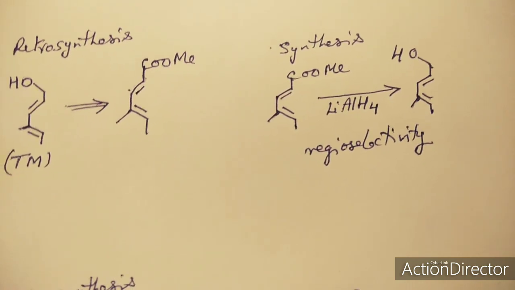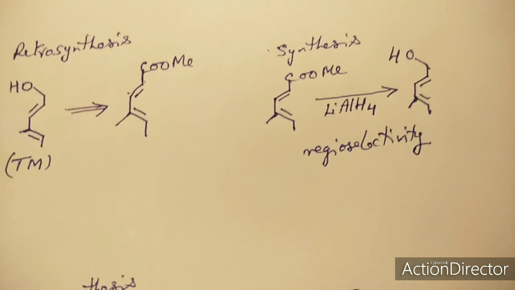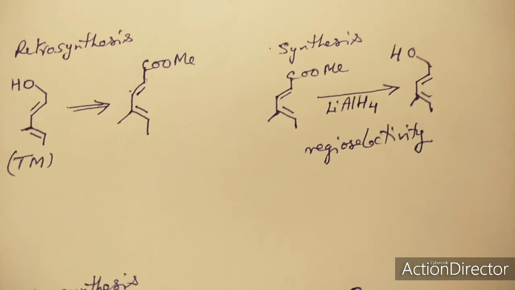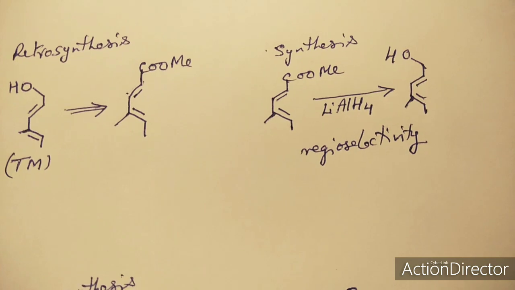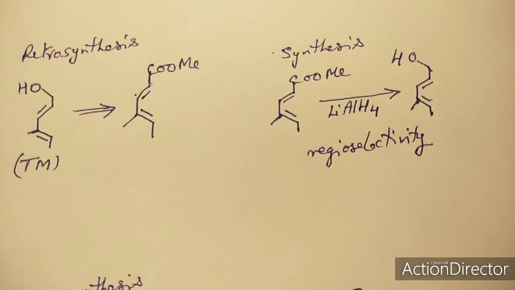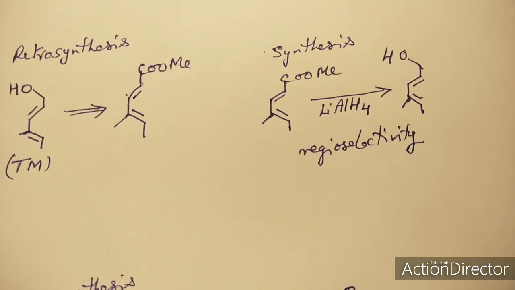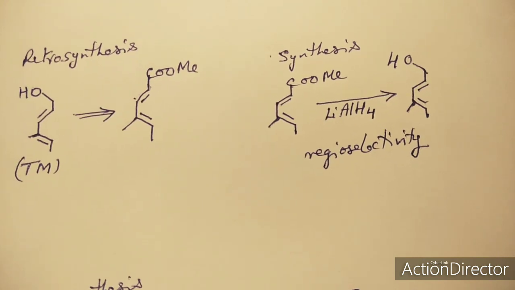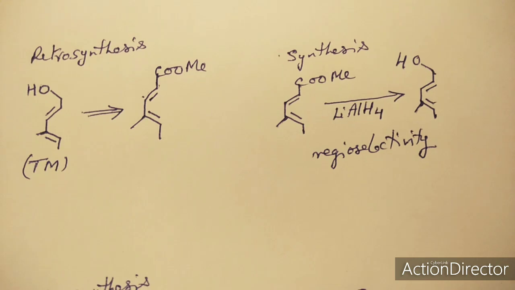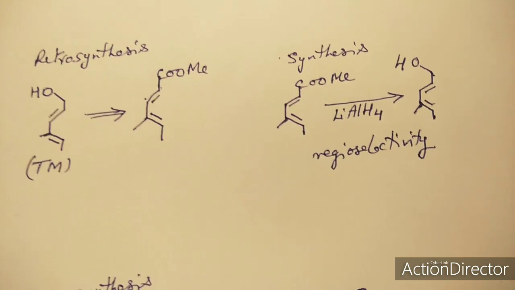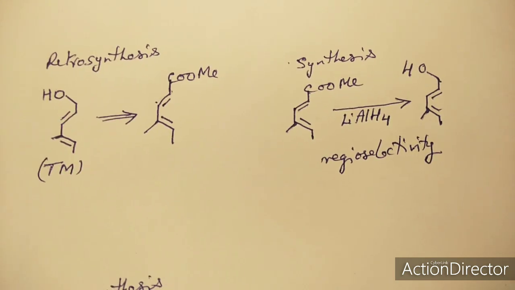Lithium aluminium hydride is the regioselective reagent for reducing this particular compound, because it will not affect the carbon double bond carbons, it will just affect this carbonyl group and reduce it to the alcohol.